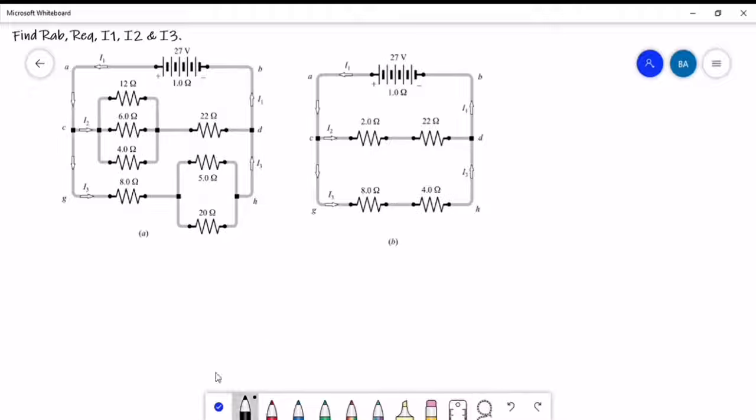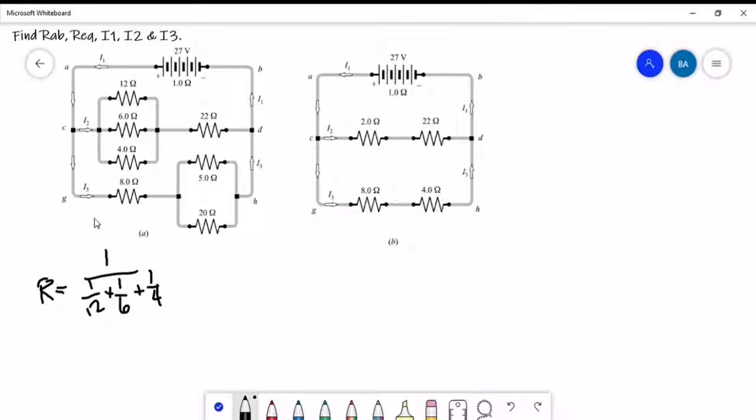We know that the 12 ohms, 6 ohms, and 4 ohms are connected in parallel. So using the formula for parallel, this is just 1 over 12 plus 1 over 6 plus 1 over 4.